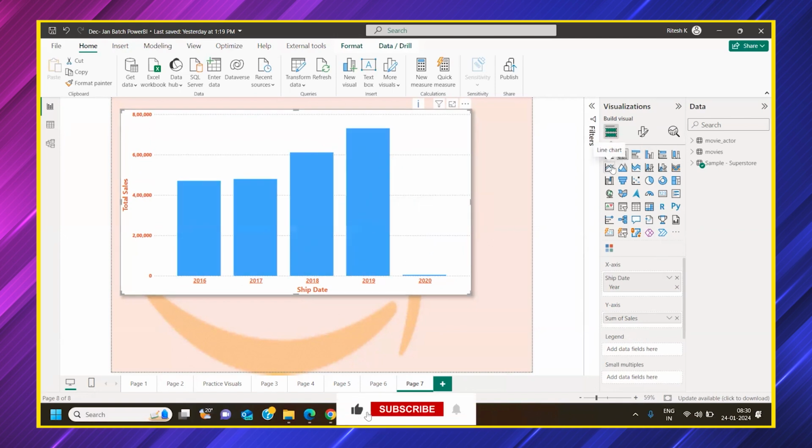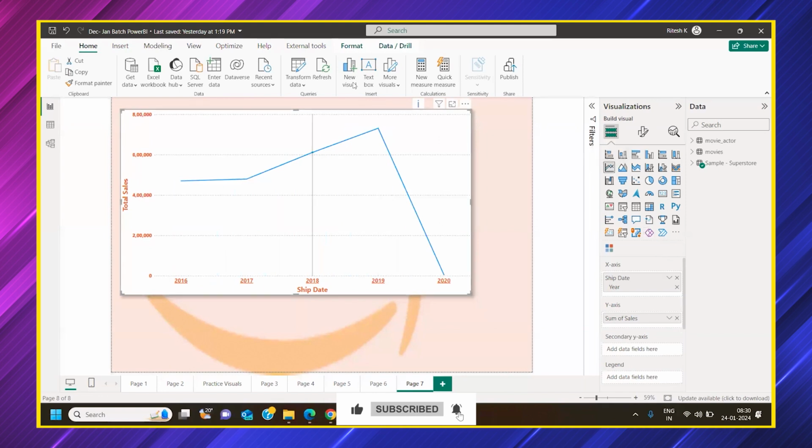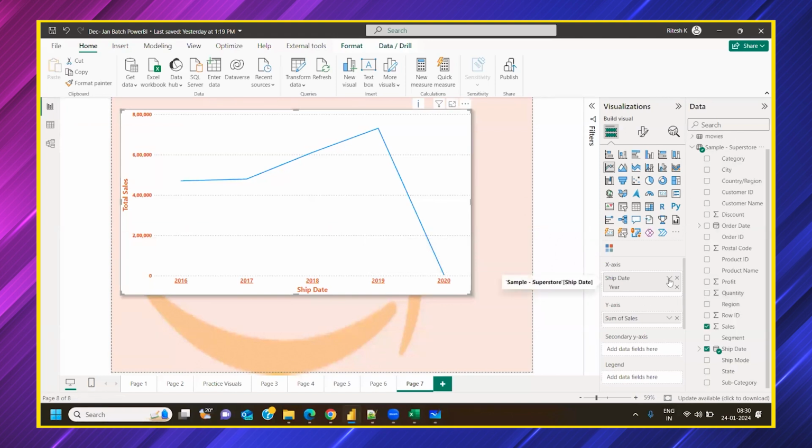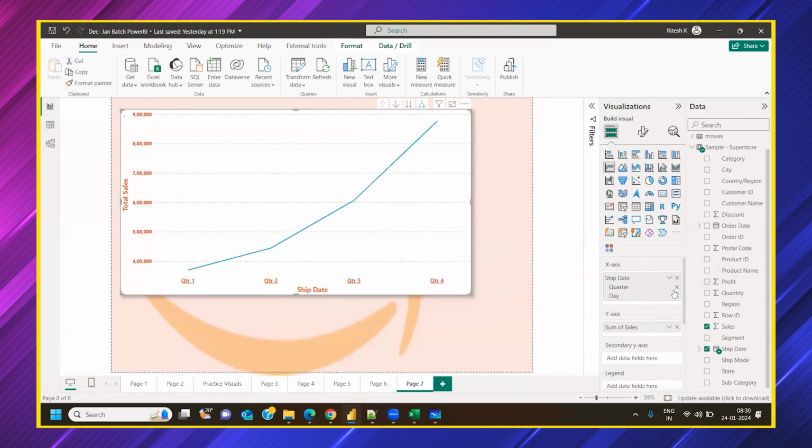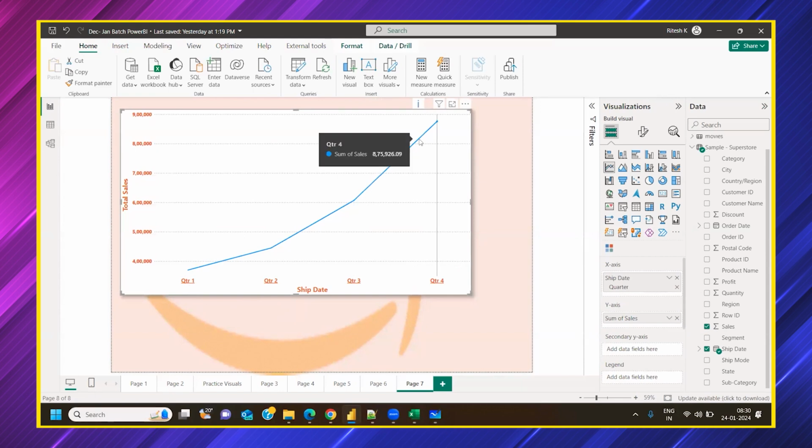But the most preferable chart in case of date time analytics is our line chart. Why? Because information is changing as per date, as per time. Now, this is only year. If I take all the date hierarchy, this is specific to one year. If I take one specific quarter, for a quarter also you will get more insights with this line chart.